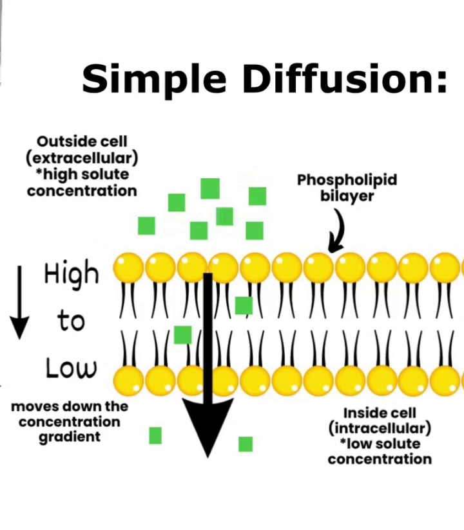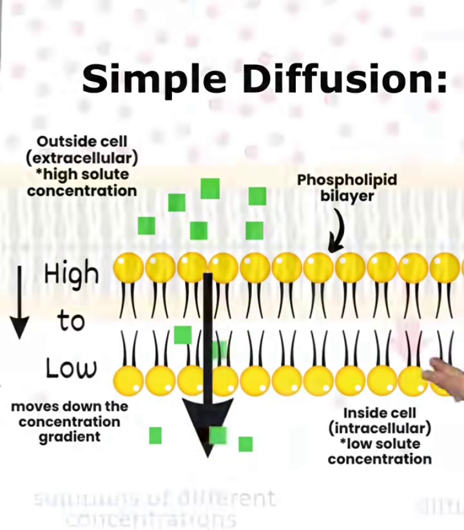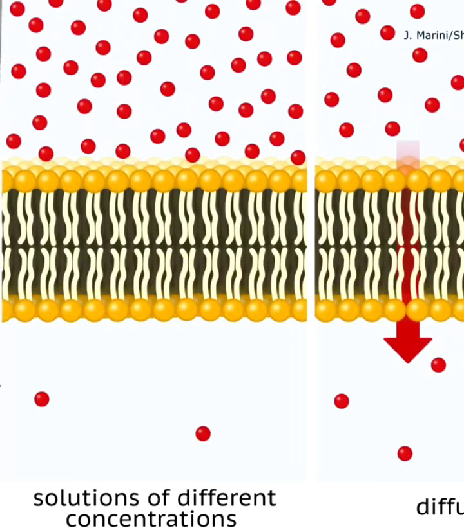There's a high concentration of them. And according to simple diffusion, they are just going to easily diffuse, hence move through that phospholipid bilayer to the inside of the cell where there's not a lot of solutes until homeostasis has been achieved. So this mass movement will continue until we have equilibrium, where we have a balance of these solutes.